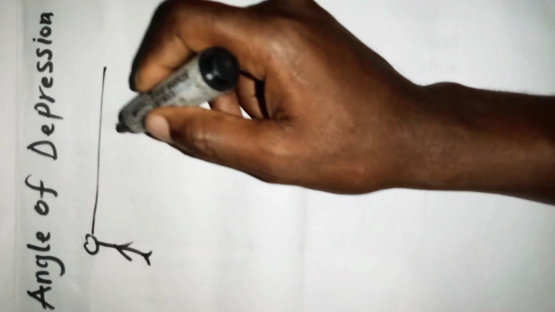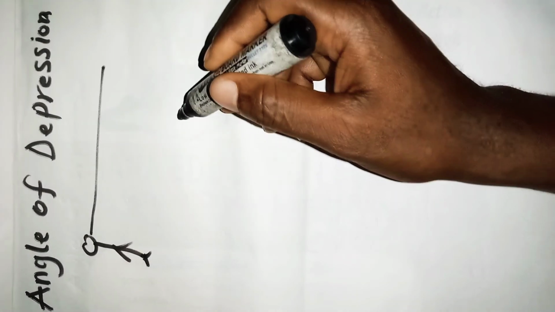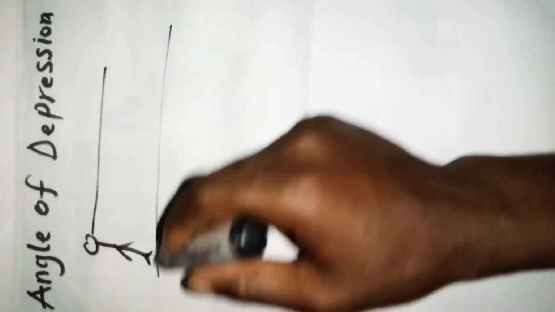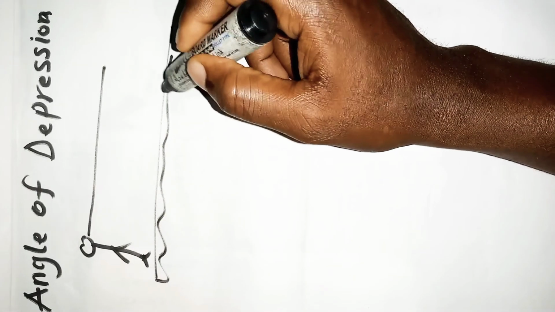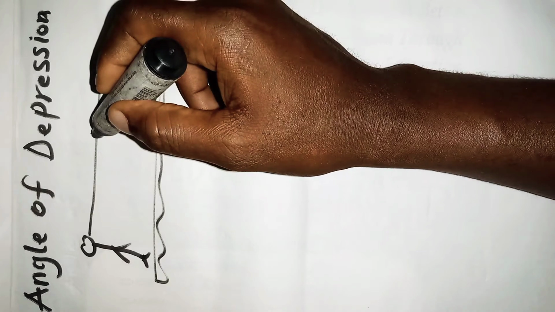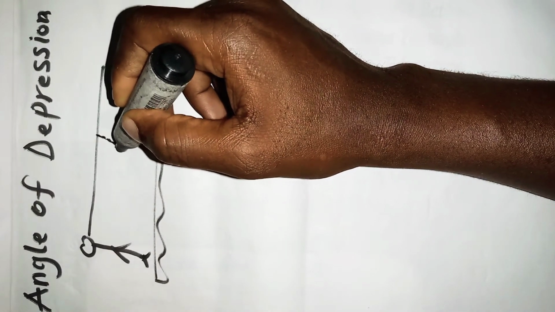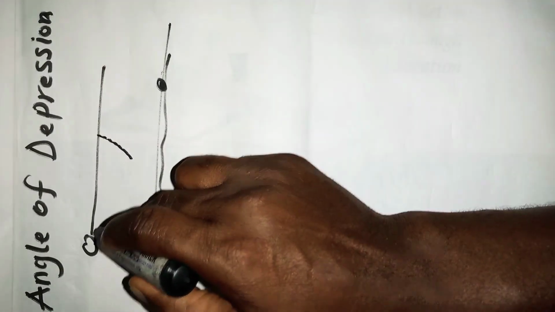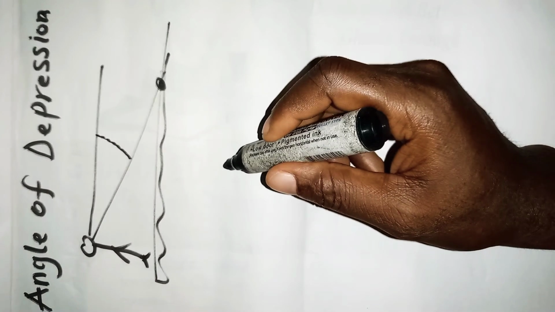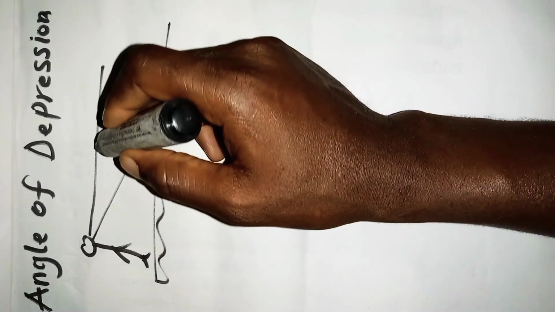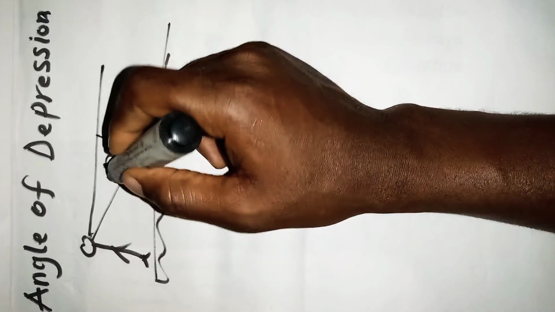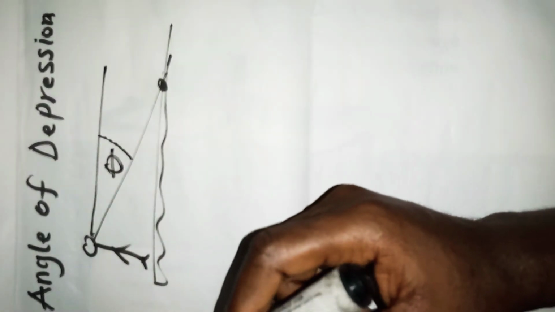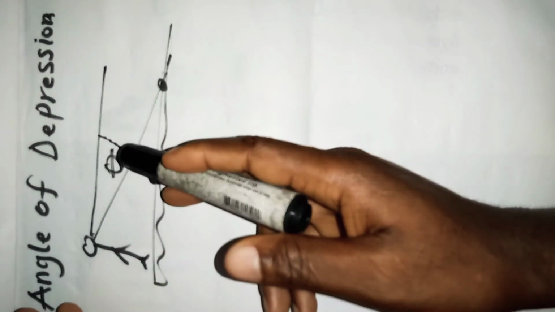So if this person views something on the ground, sees a bird or a fly on the ground this way, then the line of sight moves downwards this way, and hence forms an angle with the horizon. If this angle is named theta, then we say we have an angle of depression being formed.